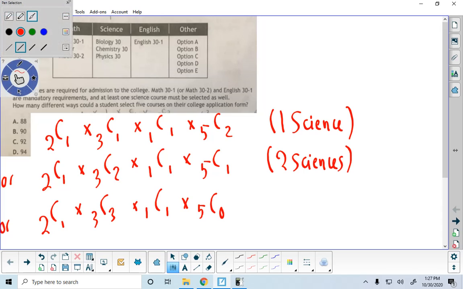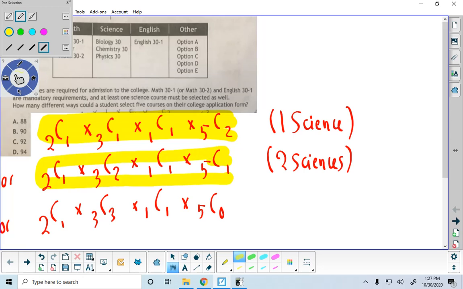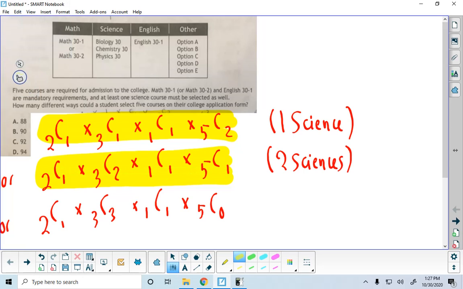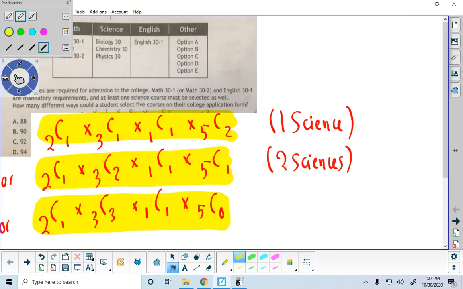What you are going to have to do is calculate this, also calculate this, and calculate this. And because it's the first or the second or the third, what you are going to have to do is add these numbers together.